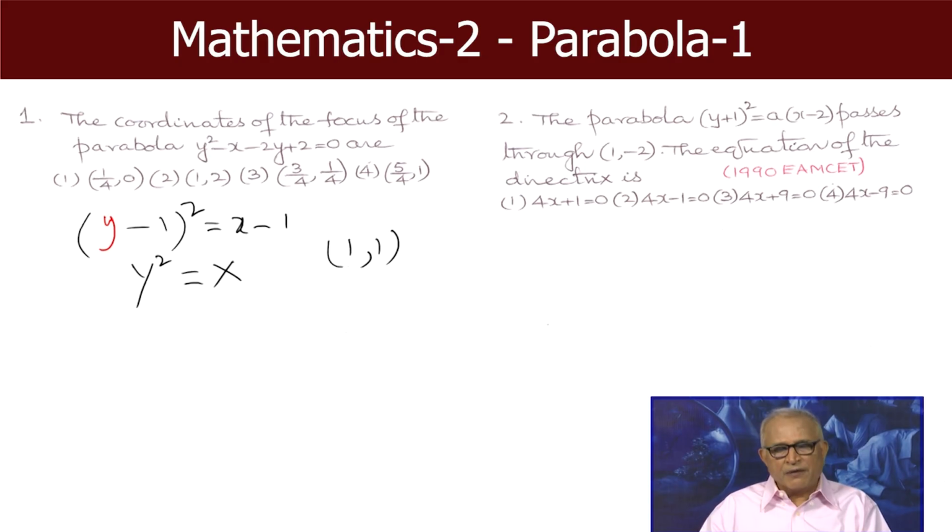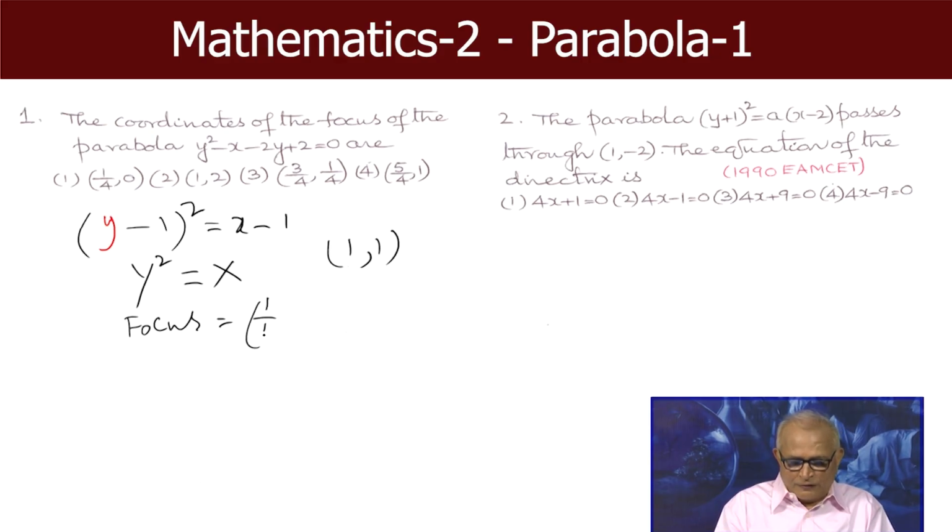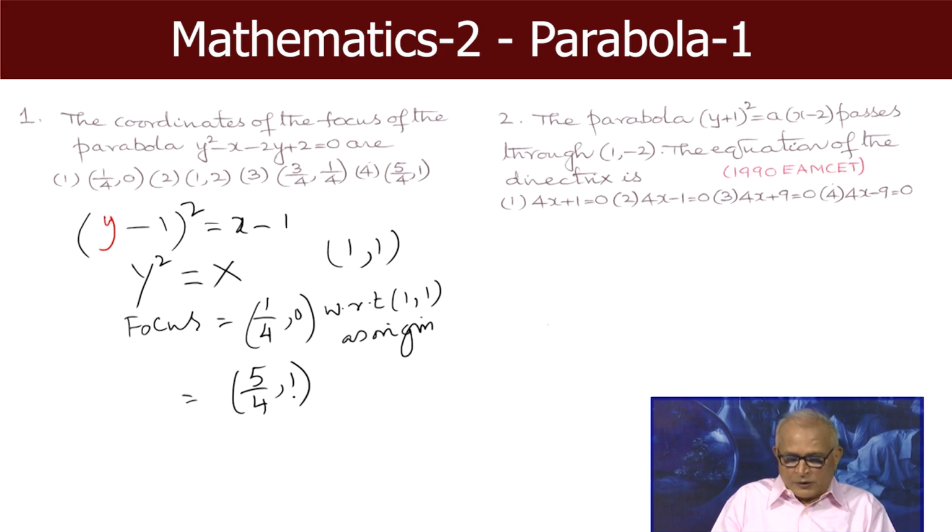So, for the parabola y²=4ax, the focus is (a, 0). Here a is 1/4, so (1/4, 0), since 4a is 1, with respect to (1, 1) as origin. Follow? So, with respect to the given coordinates, you have to add these two: (5/4, 1). With respect to the given system of coordinates, so (5/4, 1) is the answer.